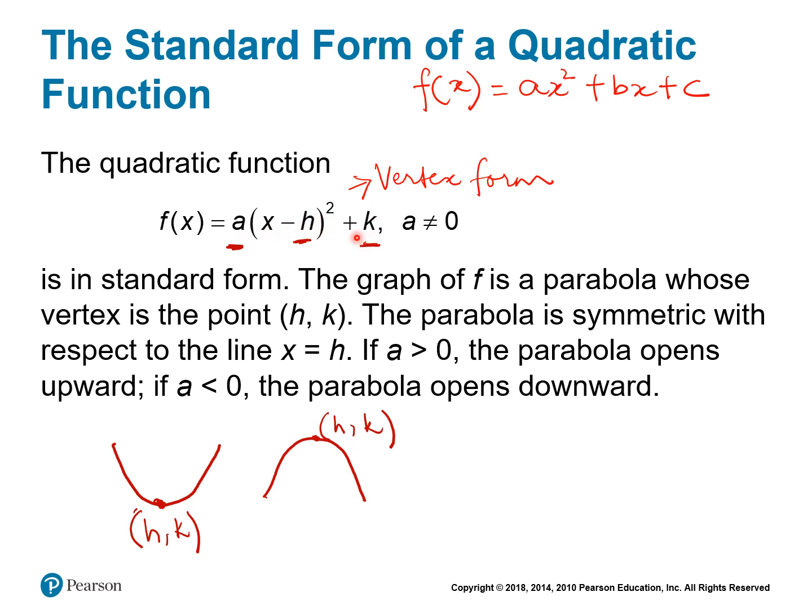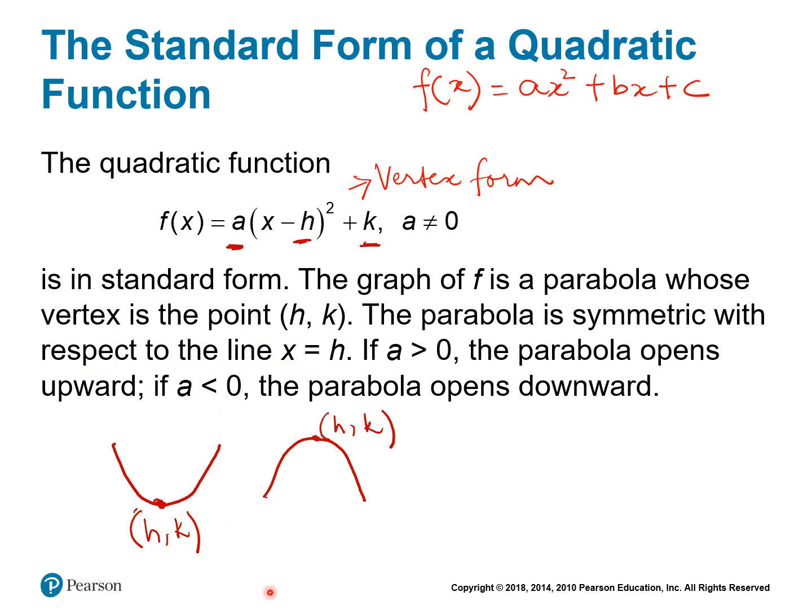It's a times x minus h within the brackets, and then plus k. Now when we were talking about the transformations of graphs in chapter 1, I think I had gone over this. So h comma k tells us about the location of the vertex. The parabola is symmetric with respect to the line x equals h.